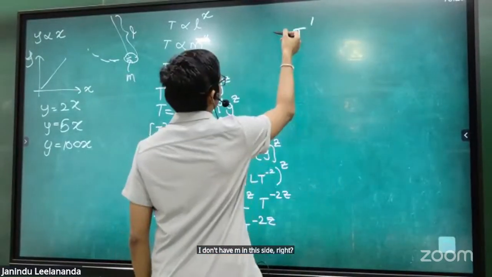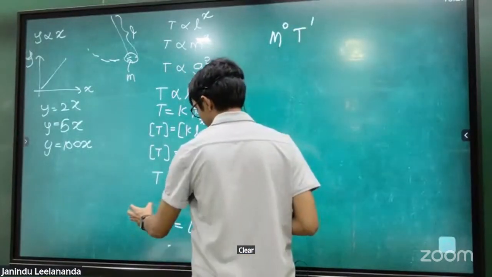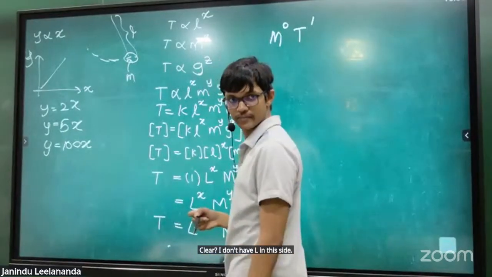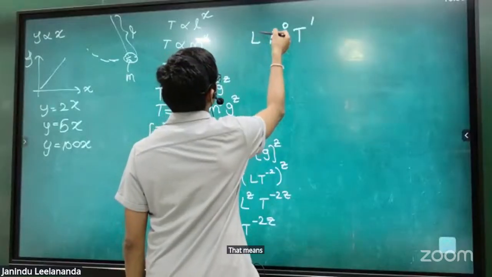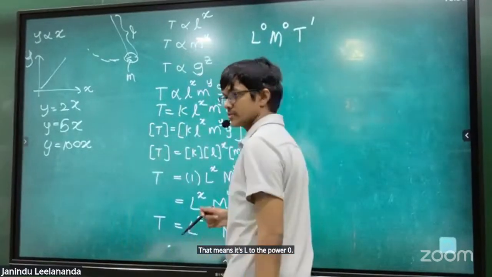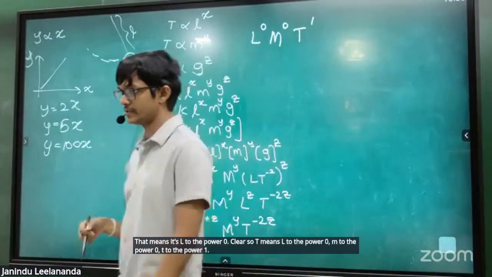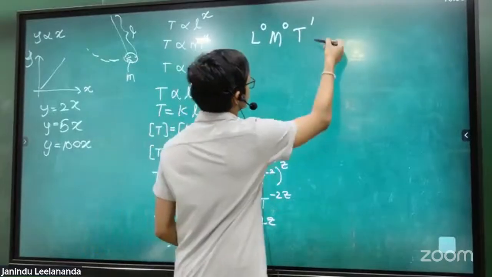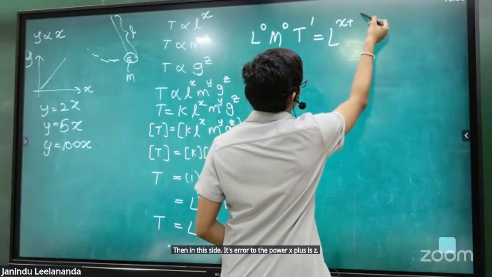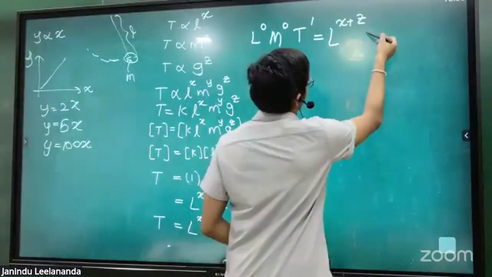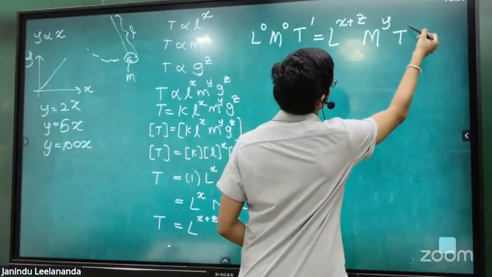That means it's M to the power 0. Clear? I don't have L on this side. That means it's L to the power 0. So T means L to the power 0, M to the power 0, T to the power 1. Clear? Then on this side, it's L to the power x plus z, M to the power y, T to the power minus 2z.